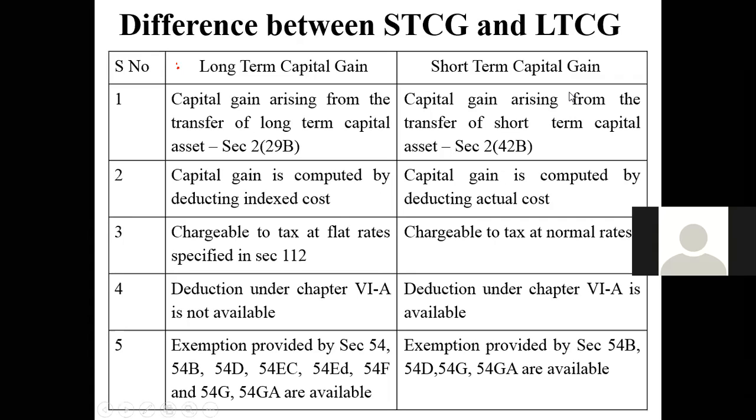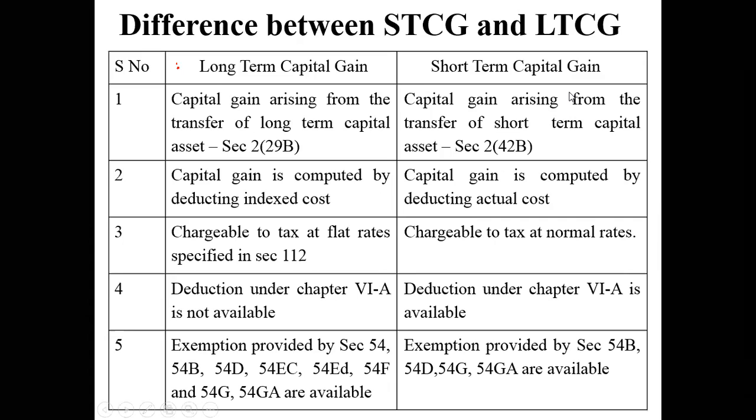Now we will go ahead and discuss some more aspects as far as the difference between short-term capital gain and long-term capital gain, right? So we stopped at point number 3. We'll go on to point number 4. In case of a long-term capital asset, let me first explain. Under normal computation of tax, you first arrive at gross total income.